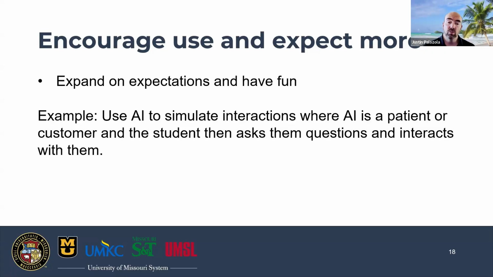Well, give them the writing assignment, but then encourage them to use AI to analyze the assignment that they answered, right? So analyze all of that data and then have AI critique them or ask them questions as to what they thought about certain parts of the paper.